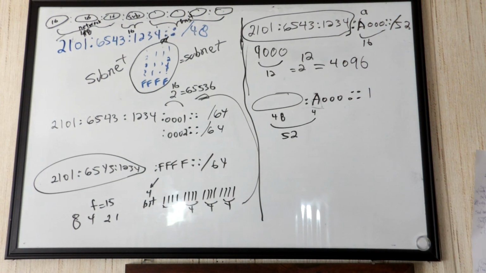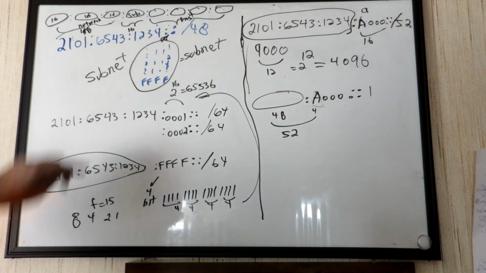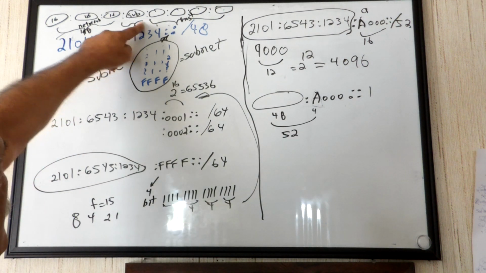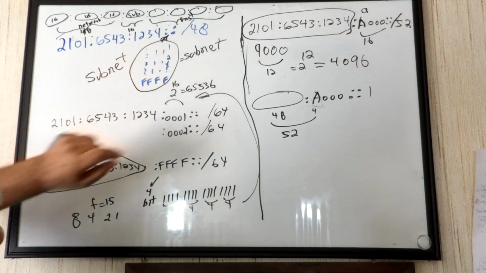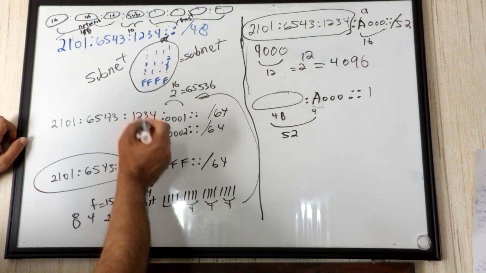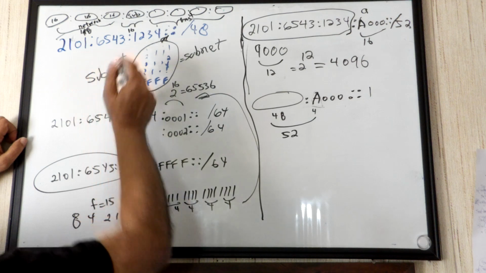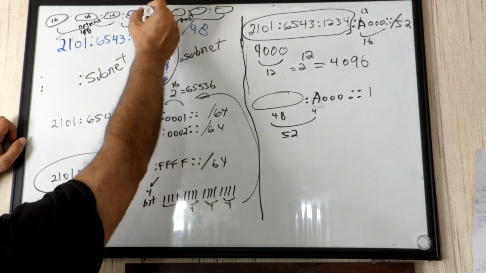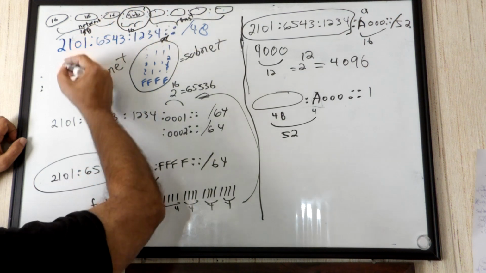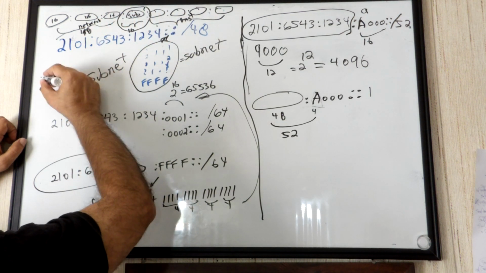We are going to talk about the subnetting here. See, we said the middle part belongs to subnet. Here, for example, we have an address. There are 4 digits in the middle that we're talking about. We magnify.